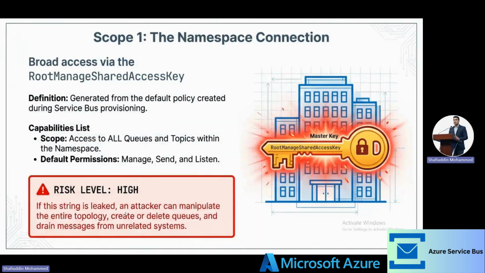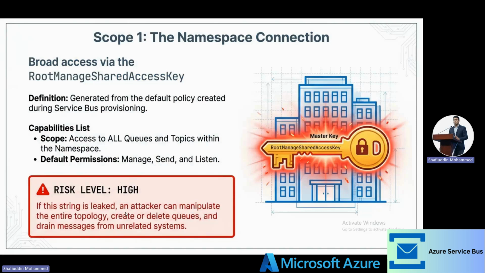Basically, a namespace connection string gives access to all queues and topics within the namespace, because it is created on top. It's like a system administrator security role, having complete end-to-end permissions. So the namespace connection string has access to all queues and topics.